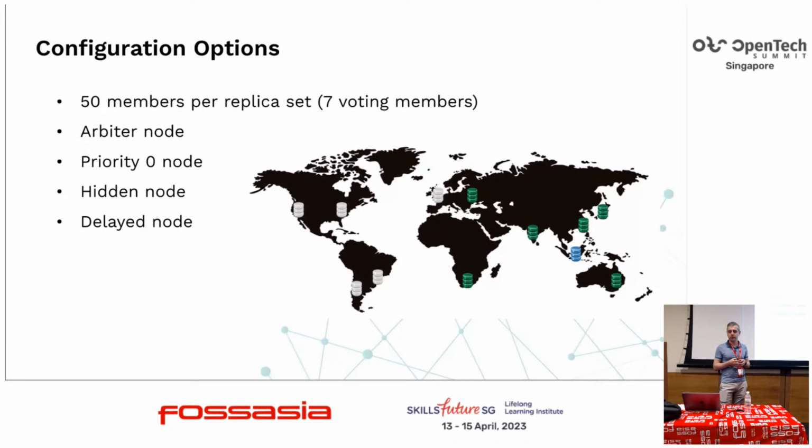A hidden node is also a priority 0 node, with the difference that the hidden node is not visible to the application from a driver perspective. And there is also a delayed node. The delayed node is also a secondary node with replication delay, so it's usually used for disaster recovery purposes, taking backups and things like that.